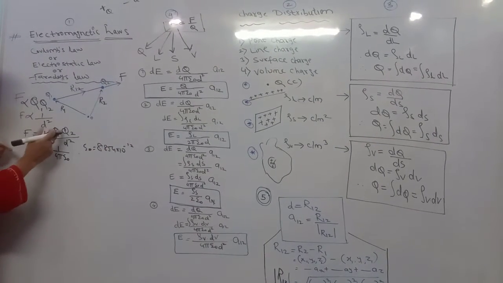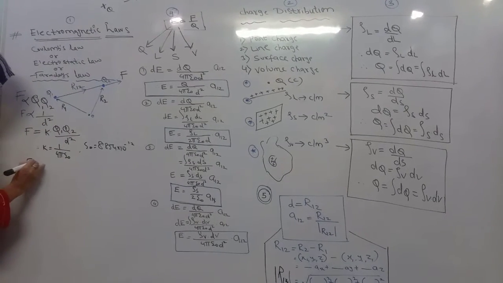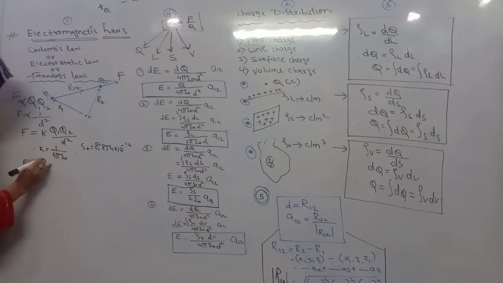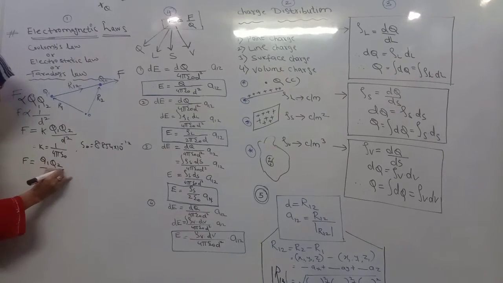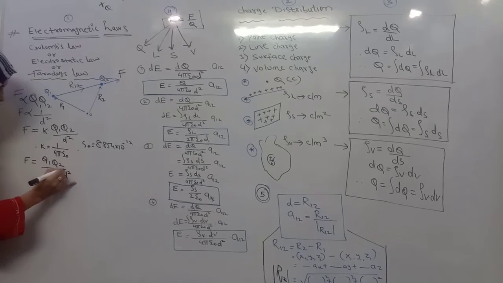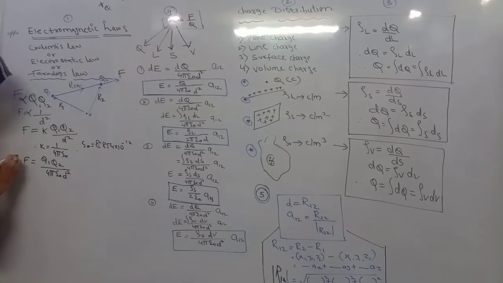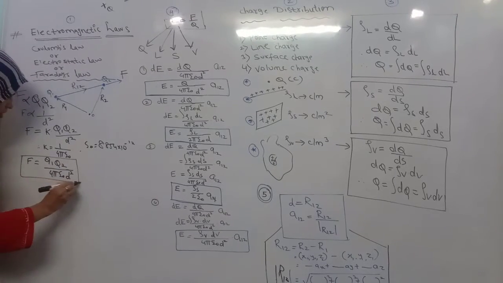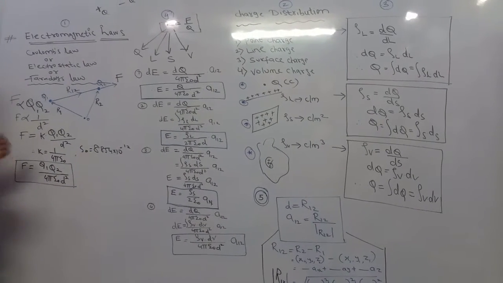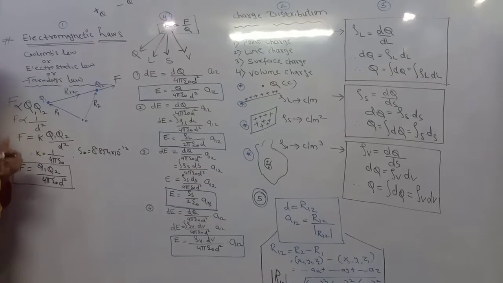If you substitute this K value in the force, what do you finally get? F equals Q1 Q2 divided by 4 pi epsilon 0 d square. Get it? Finally, this is nothing but Coulomb's law, the force calculated by referring to the charges.